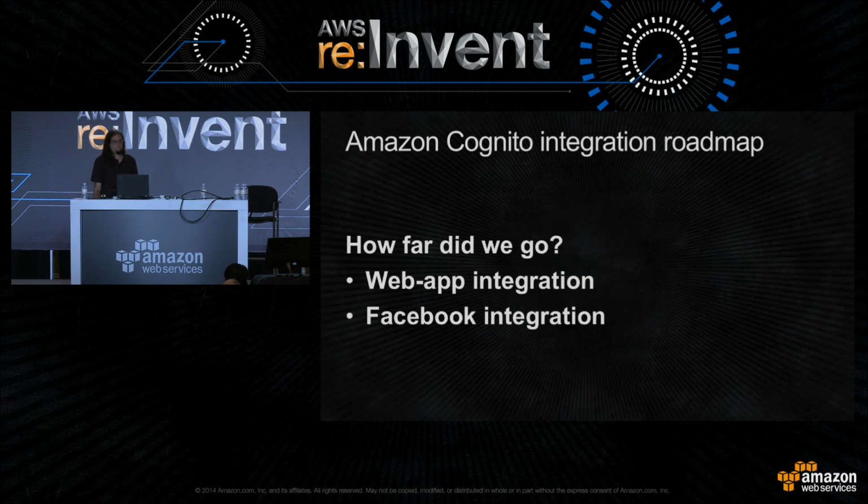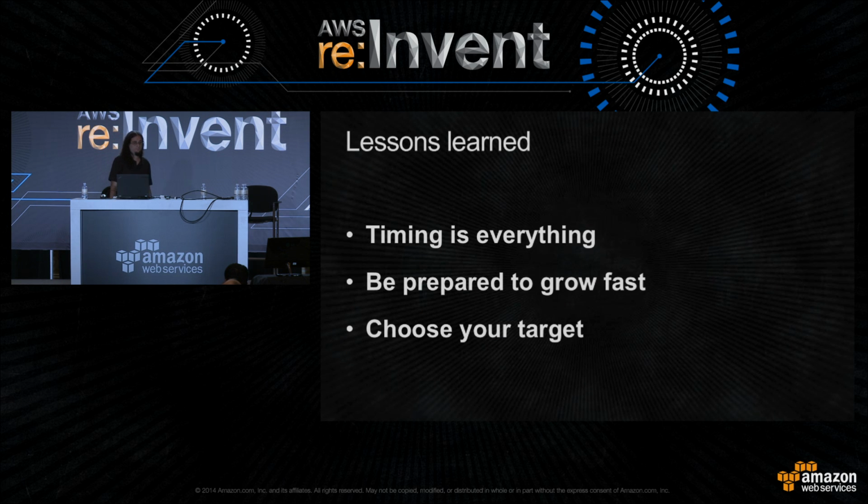So by the end of it, we learned a few things. Timing is everything for the second screen experience. You have to be precise and interact with the user at the right time. You also have to be prepared to grow fast, since we didn't have a lot of time to prepare ourselves.